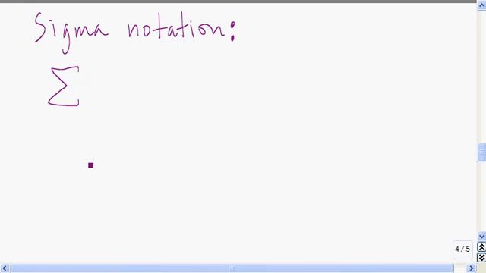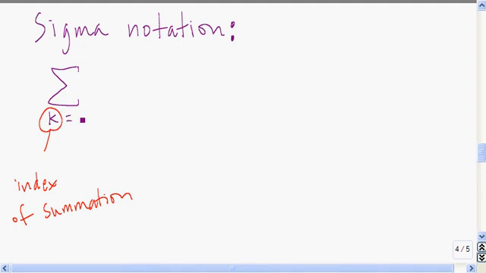So you're going to see a capital sigma here. Below it, you're going to see some little letter like k. K is used a lot, i is used a lot, j. Some letter there called the index of summation, and it's going to be set equal to something.